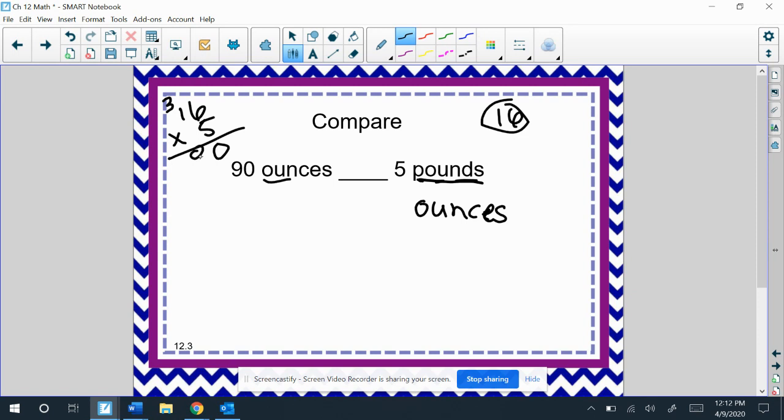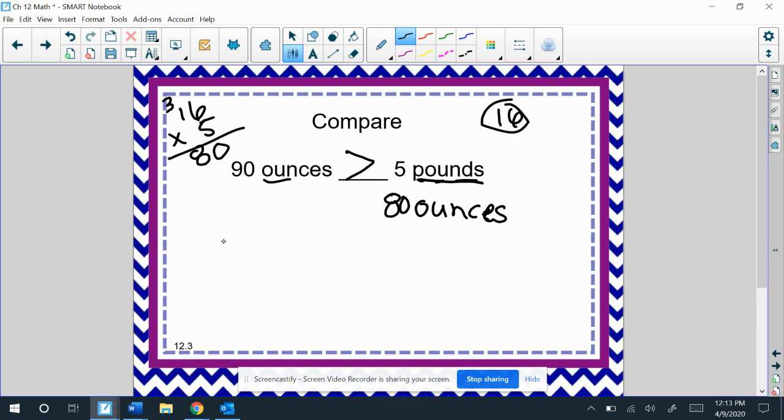And add 3, I get 8. So now I have 80 ounces. Which one's bigger, 90 or 80? 90 is larger.